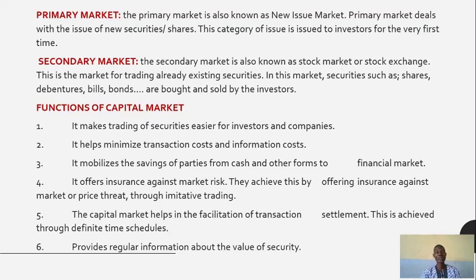Then the next one will be definition of secondary market. What is secondary market? Secondary market is also known as stock market or stock exchange. It's known as stock market or stock exchange market. This is the market for trading already existing securities.